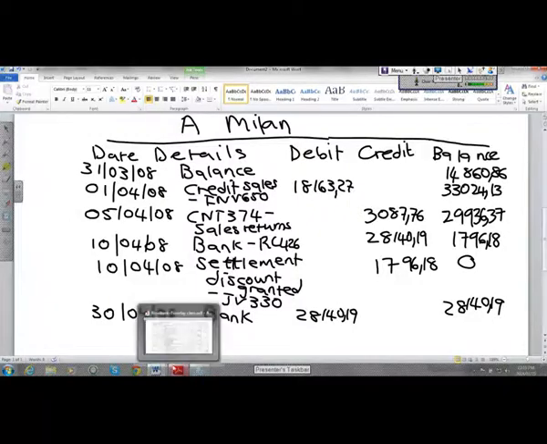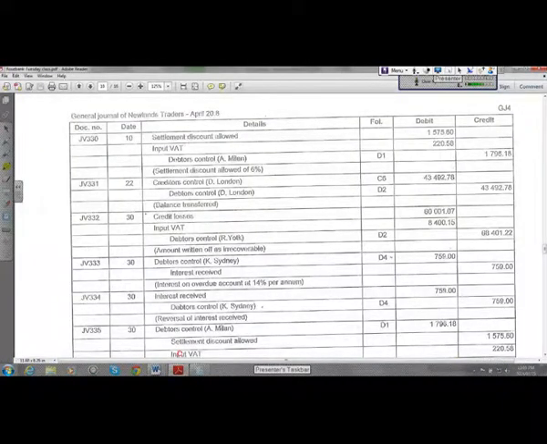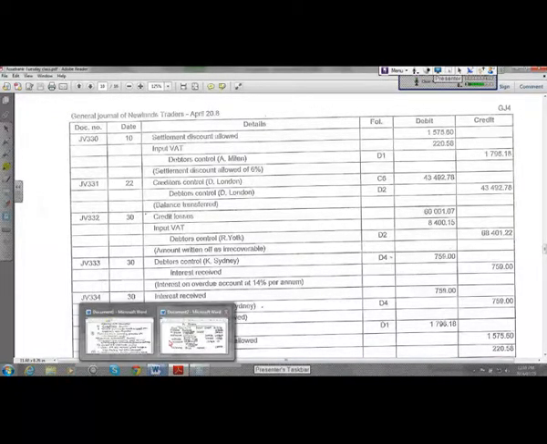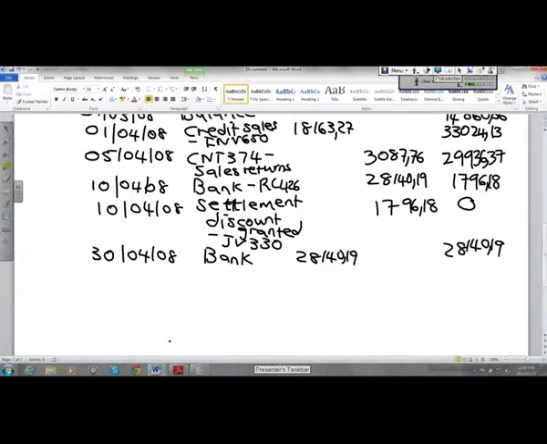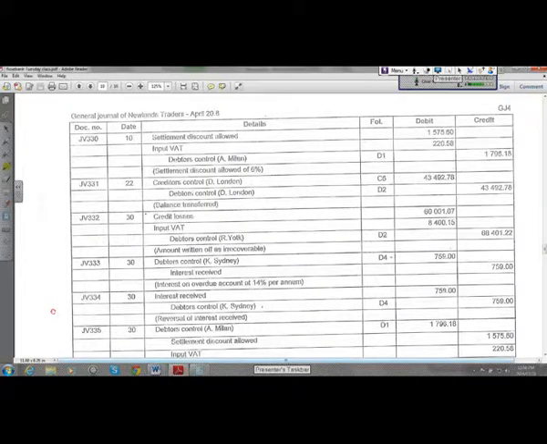If you go to that last transaction in the journal here, you can see that they also reversed his discount, so we must also do the same. We must reverse his discount as well, because his check bounced. Let's just check the journal reference here. It's JV 335.